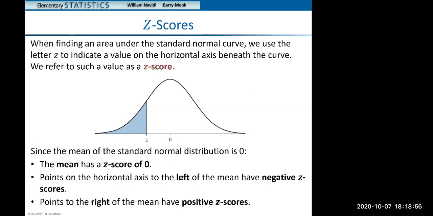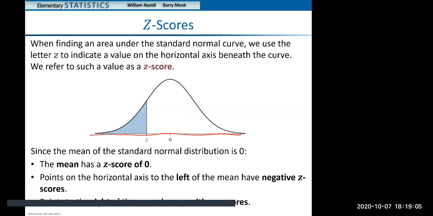All right, so z-scores. So we're talking about a normal curve, and this line here, you learned also this from the past chapter, that this is the z-score line. And meaning this is the negative side, this is the positive side.